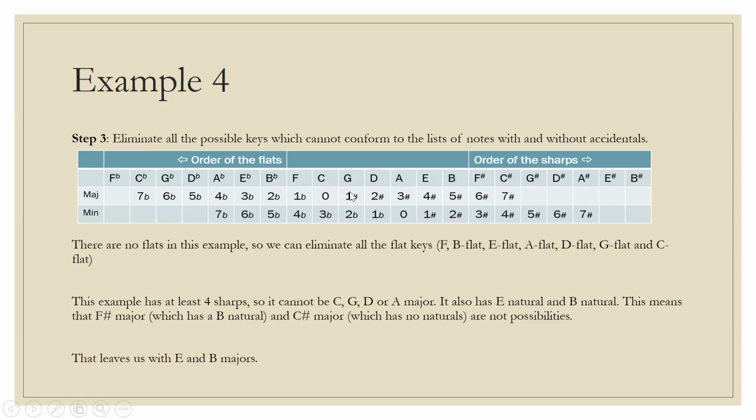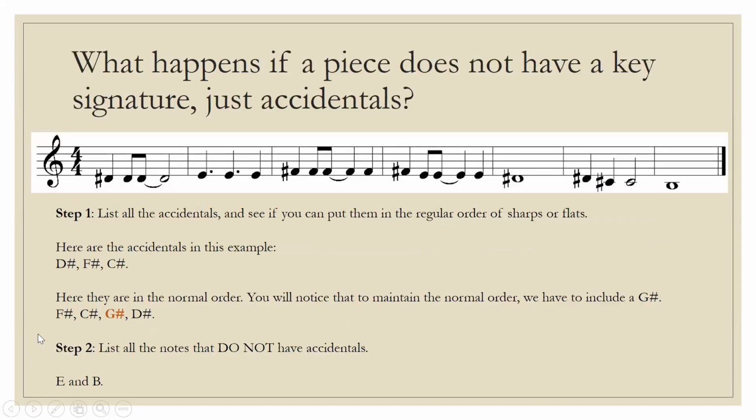So we're only dealing with keys that have sharps in them, okay? So already we've knocked out a whole lot of possibilities, which is fantastic. Now this example has at least 4 sharps, okay? Remember, when we go back here, we've seen that it's got F, C, and D sharp, and there's no G in this piece, but we think that there must be a G here to make the pattern work.